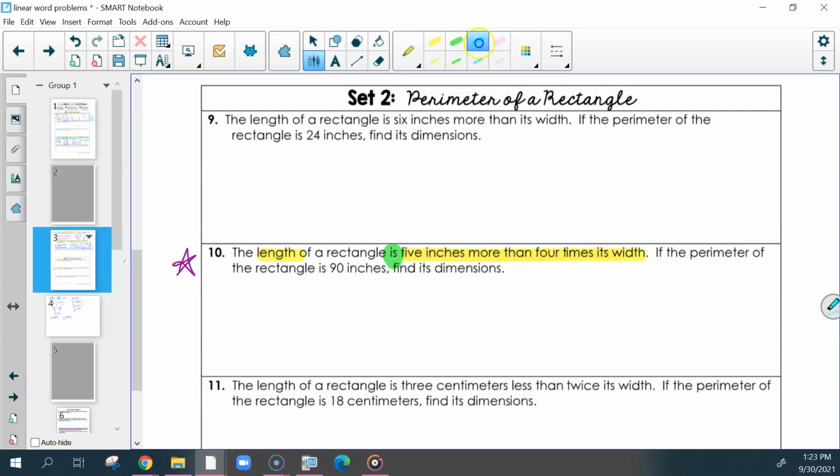The perimeter of the rectangle is 90 inches. We need to find its dimensions. What's nice about problems like this is we don't really have to define our variables because it's going to be length and width.